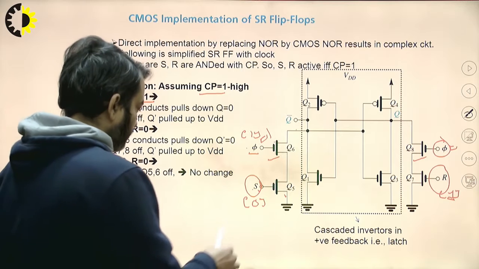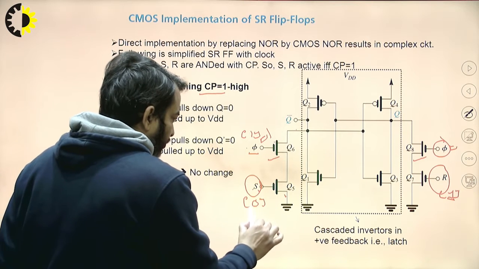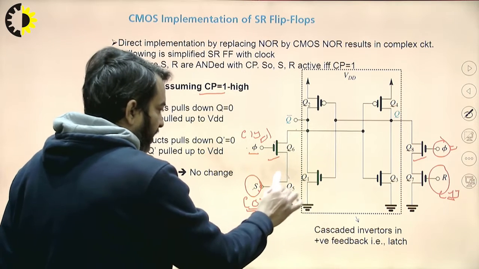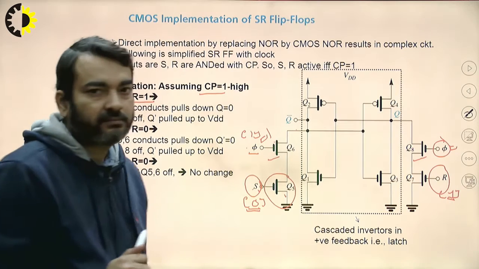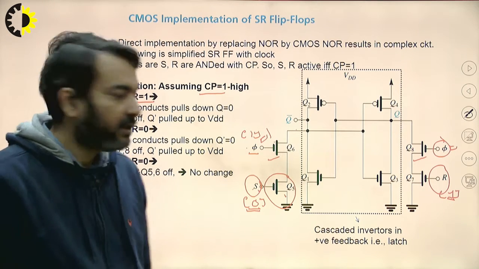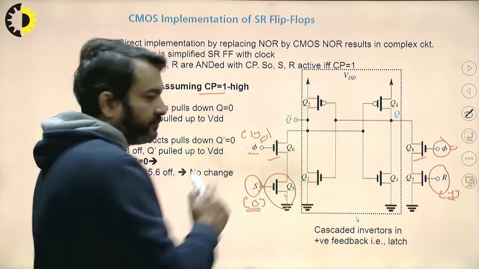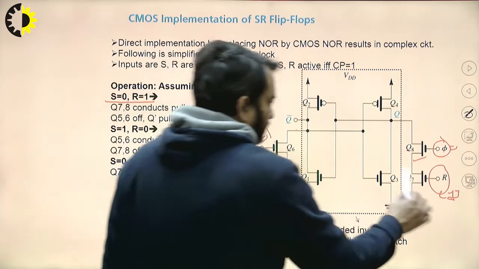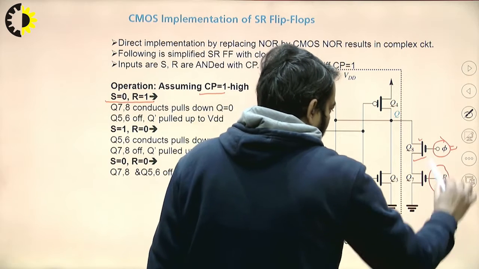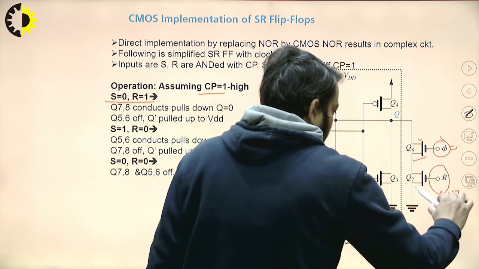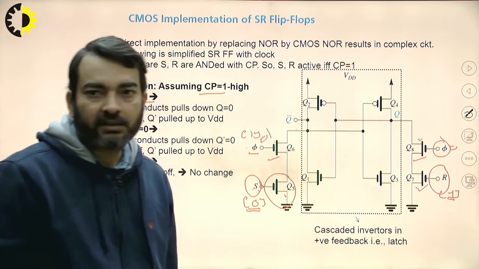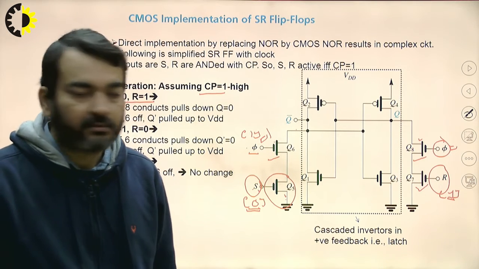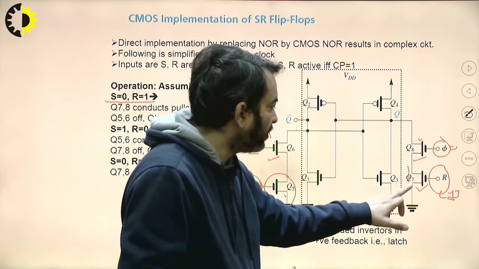But since the S input is 0, this transistor will be off. So this path is disconnected. But what about this? Since this is on and this input is 1, this path is connected. This transistor is on, ideally a short circuit.